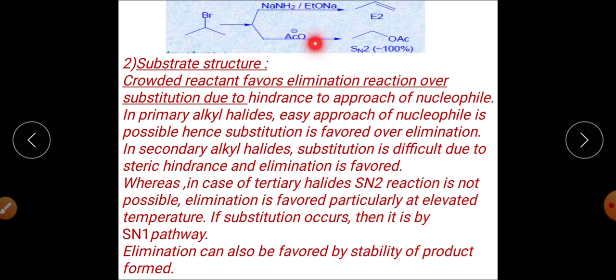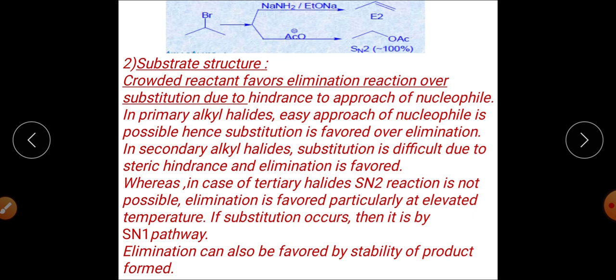At that time you can clearly see that here the nucleophilicity matters, here the basicity matters. It is a strong base, and in the presence of a strong base there will be a dehydrohalogenation reaction, and because of that reason you are getting a carbon-carbon double bond, you are getting an alkene as the product.